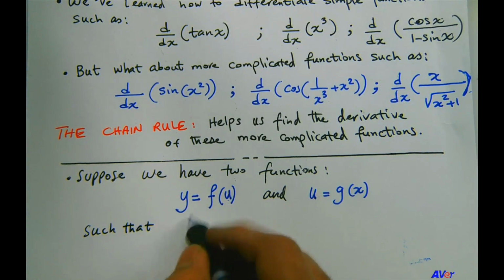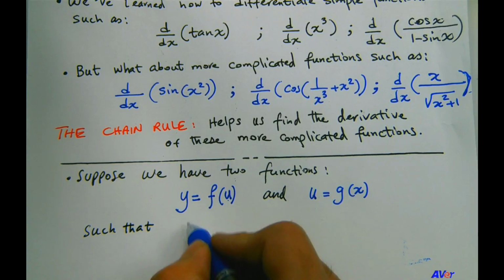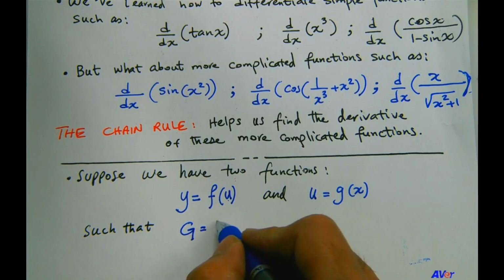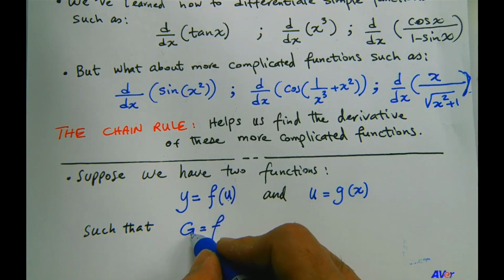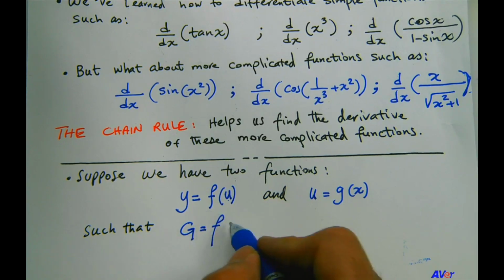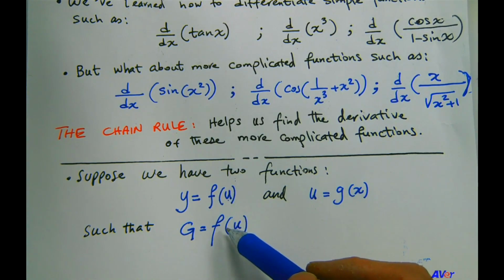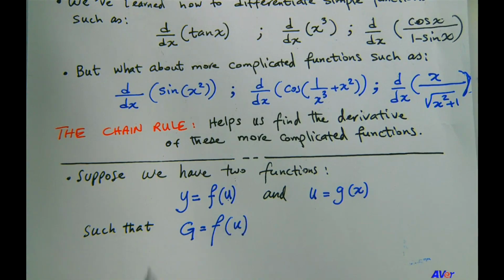So we have these two functions such that we have a third function, let's call it capital G, that is a function of u. So G is a function of u, and u is a function of x. If we want to find the derivative of function G with respect to x, how would we do that?